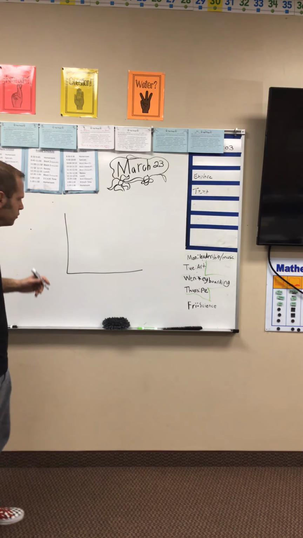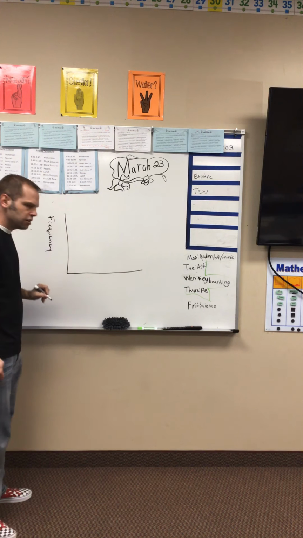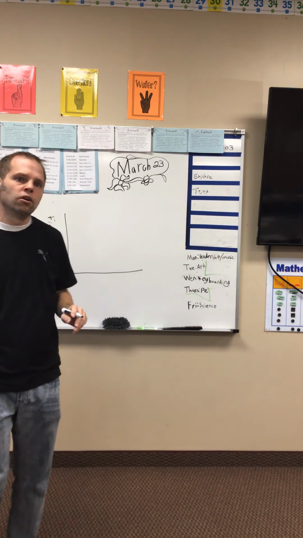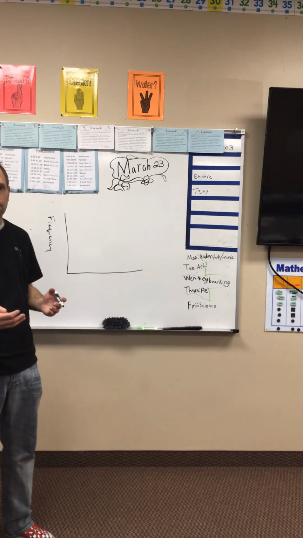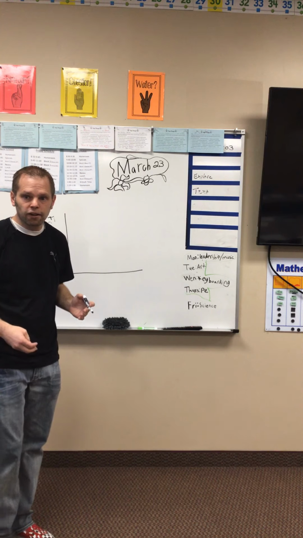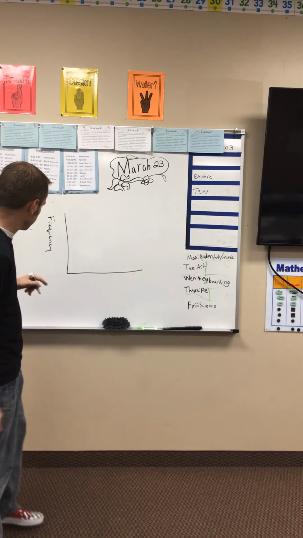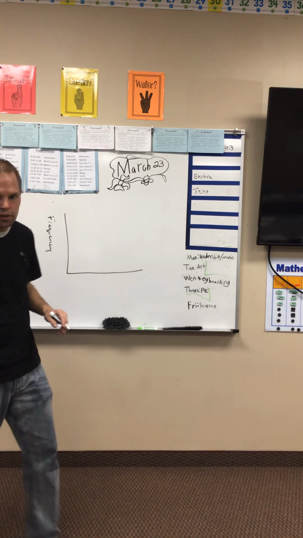My y-axis for my histogram typically is frequency. In this case, it wants to know, how often did students score the amount that I set on my x-axis? So let's talk about the x-axis first, and then we'll set our frequency increments.